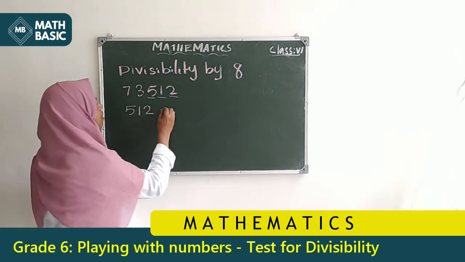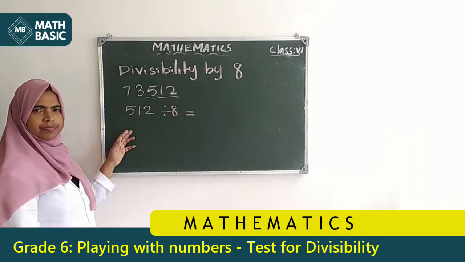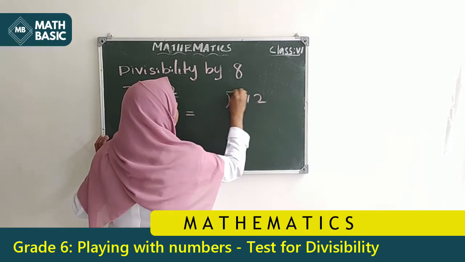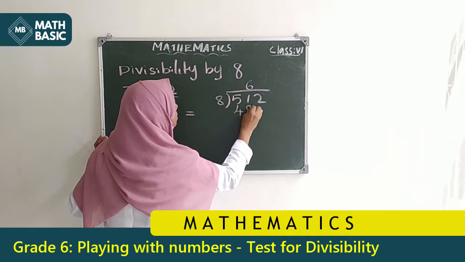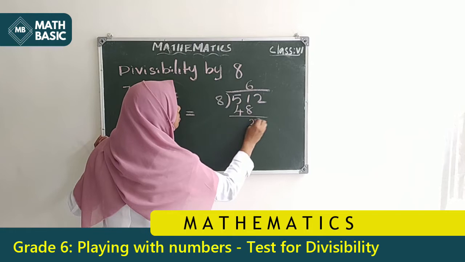512 divided by 8. 6 8s are 48. Then what is 32?